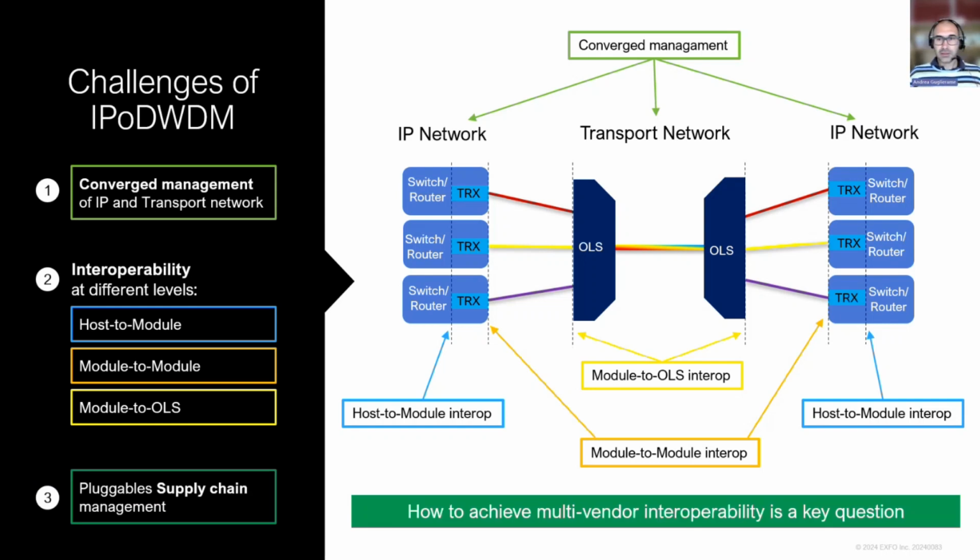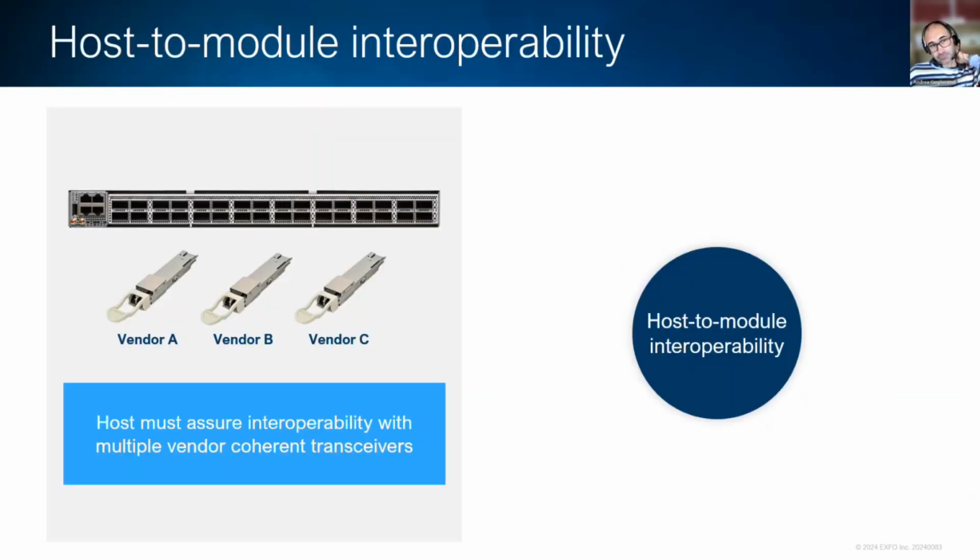Last but not least, management of supply chain could also become a concern, as operators have the option to purchase the DWDM transceiver from different vendors, which are not necessarily the same vendor as the switch and router vendor and also the optical line system vendor. So how to achieve multi-vendor interoperability is overall the key question to be addressed.